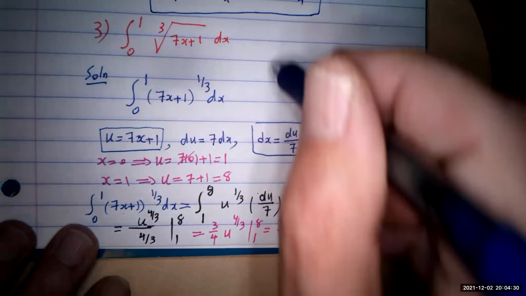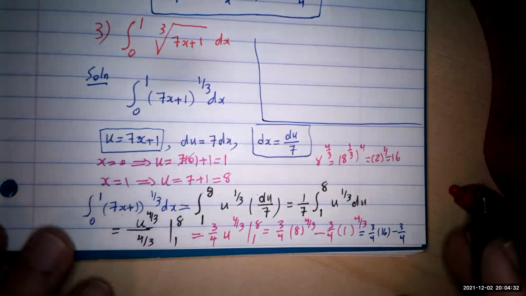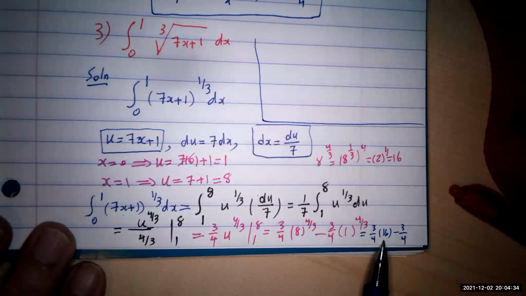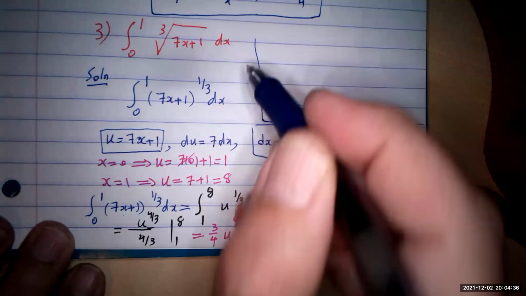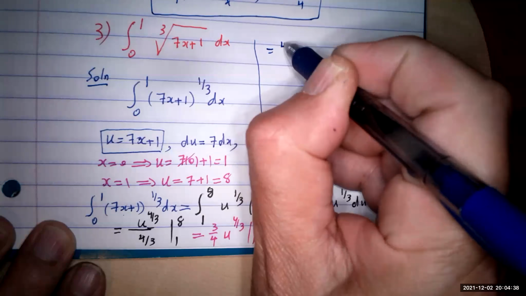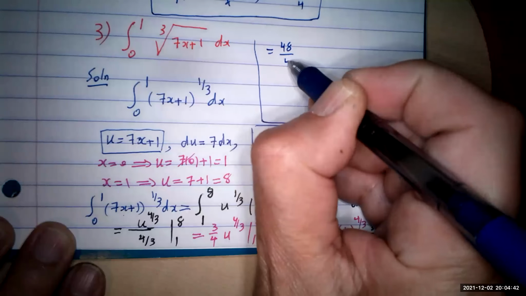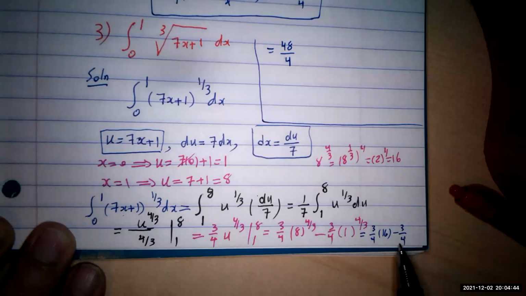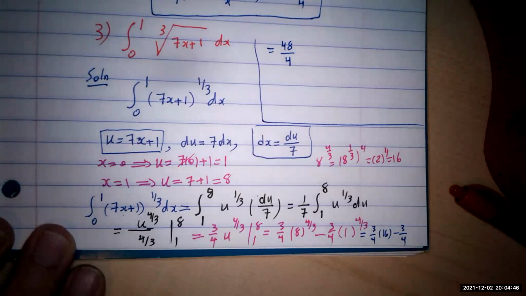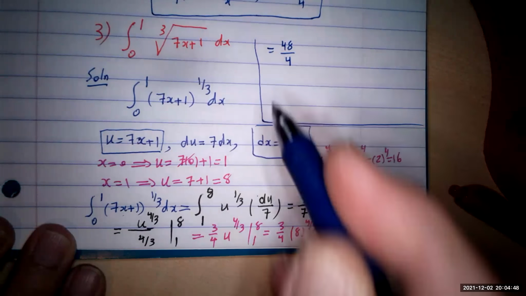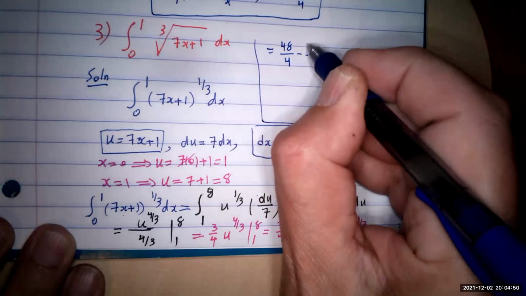I want to finish it here, so I put it on the top for you. 16 times 3 is 48, so it's 48 divided by 4. I intentionally don't simplify it because I want to keep the common denominator. And this is minus 3/4.